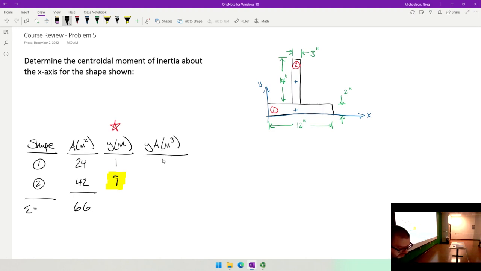All right, so 24 times 1, 24. 42 times 9, 378. So you sum those up, 402. And down here, we can compute y bar.